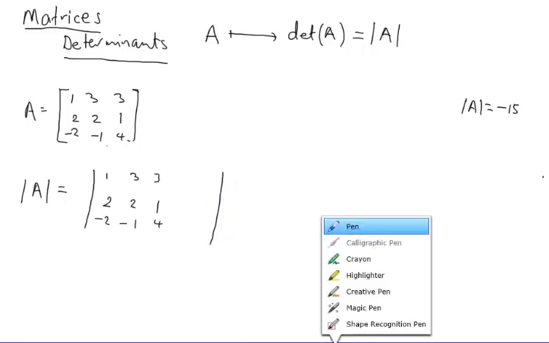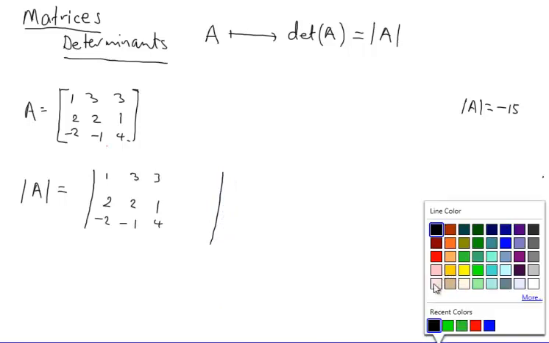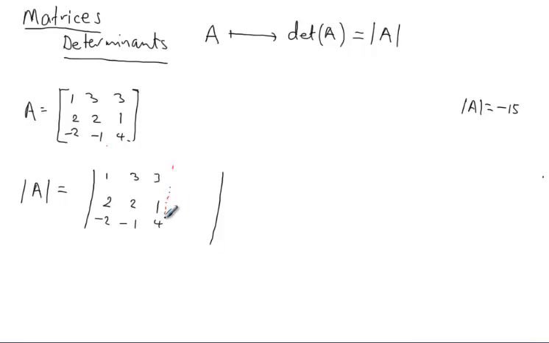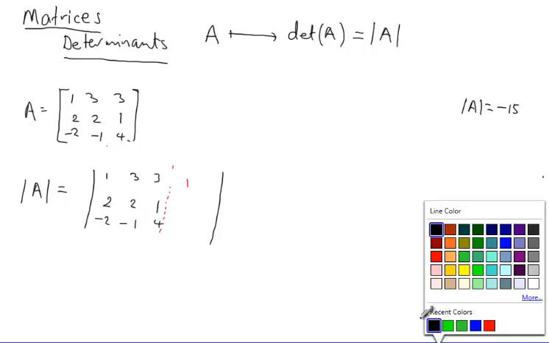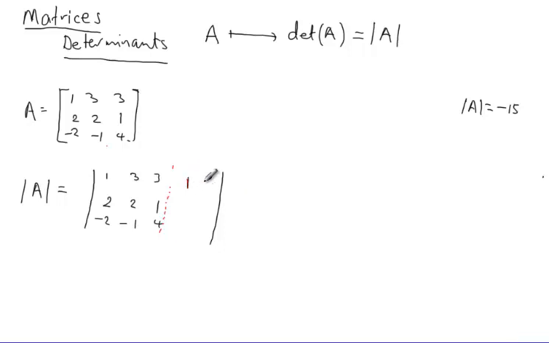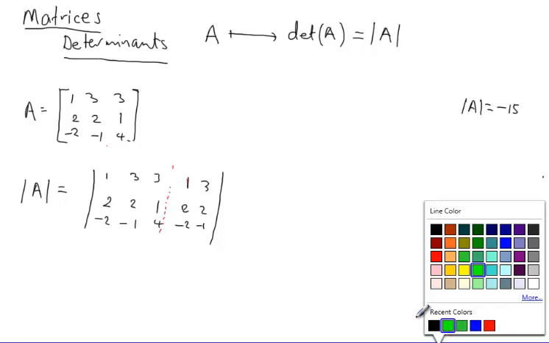Then just for making a mark for people to see what's happening here, I'm going to make this matrix a little bit bigger. I'm going to augment 2 things here and say 1, 3, 2, 2, minus 2, minus 1.